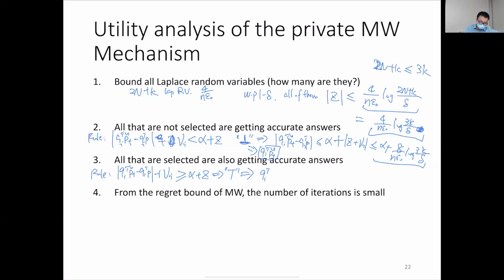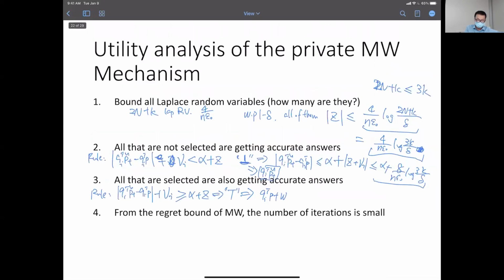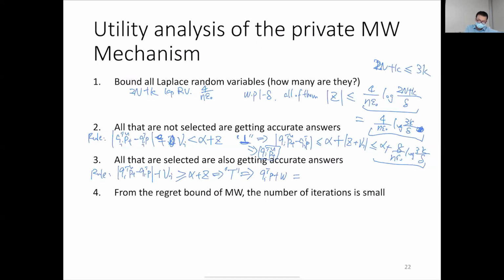So we'll output q_t transpose P plus this additional noise, maybe call it w. Since we know w has bounded absolute value from step 1 of this analysis, w's absolute value is simply the error. So the error is smaller than, again, 4 over n epsilon 0 log 3k over delta.